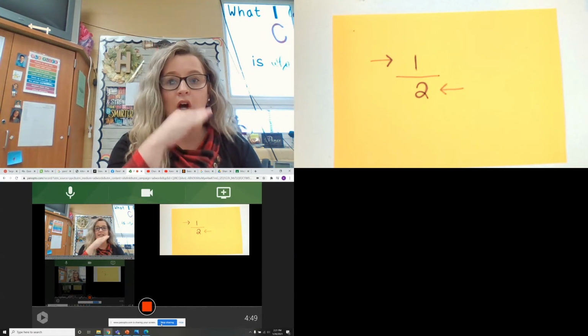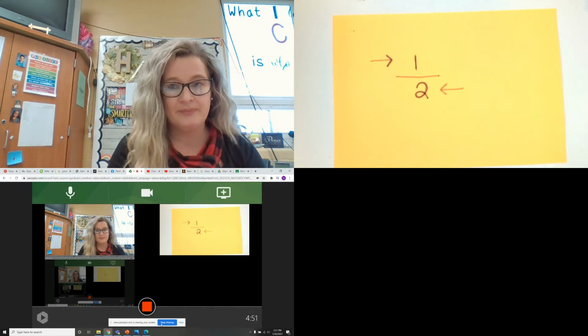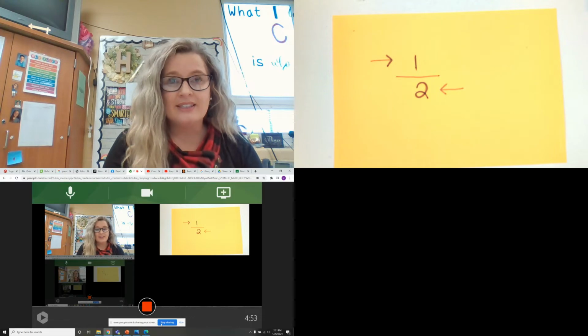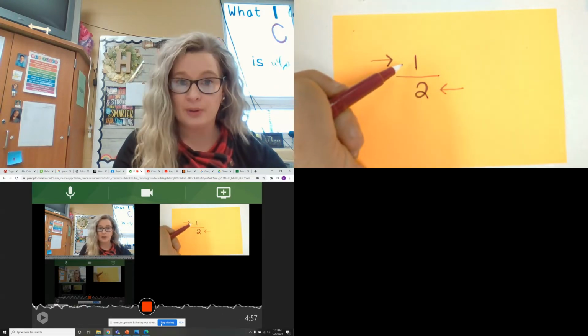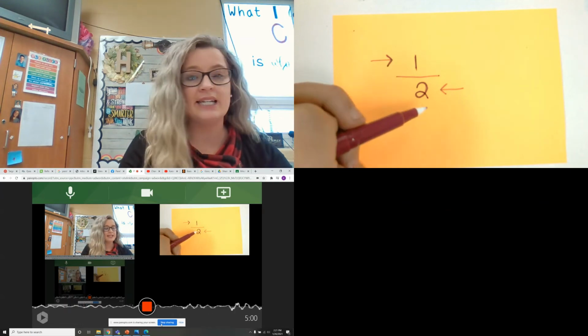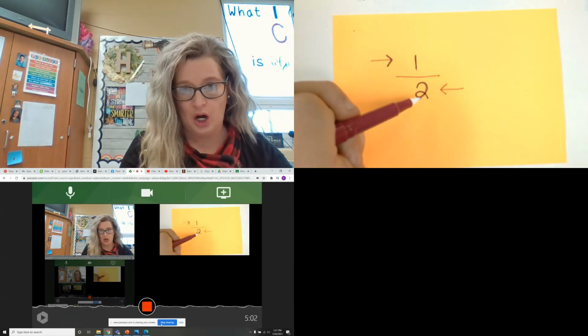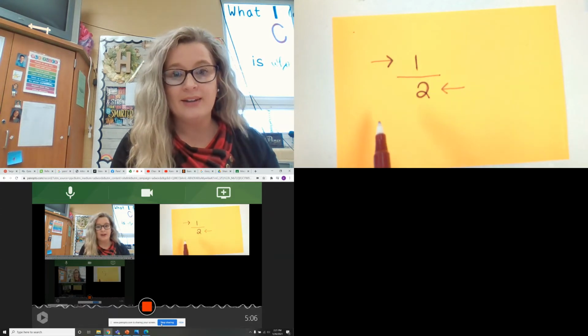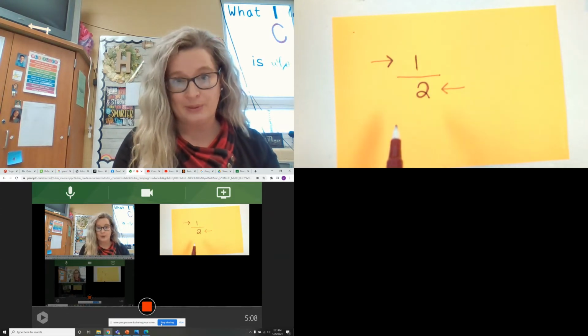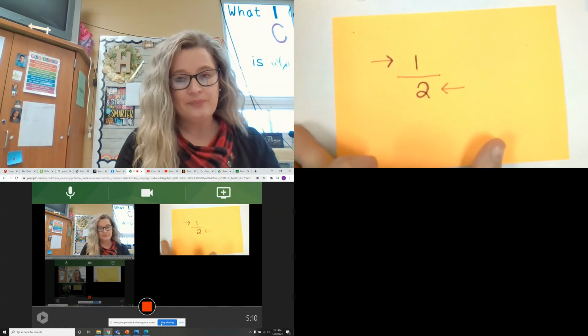And it is always underneath. Okay? So, you need to always know the top is a numerator and the bottom is a denominator. This will come up a lot, so you need to know what those words are, okay?